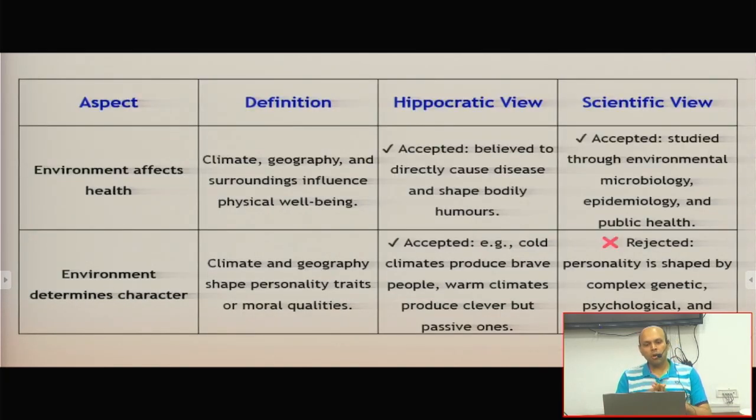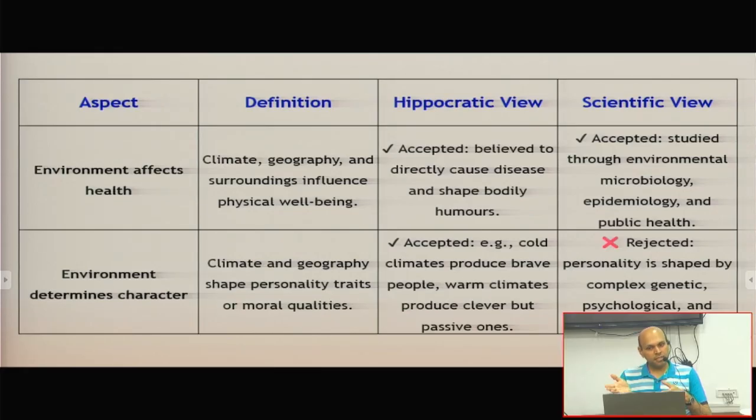So here you have got the aspect where environment affects health, and then the definition is there: climate, geography, surroundings influence physical well-being. Yes, Hippocrates' view is believed to directly cause disease and shape bodily humors.